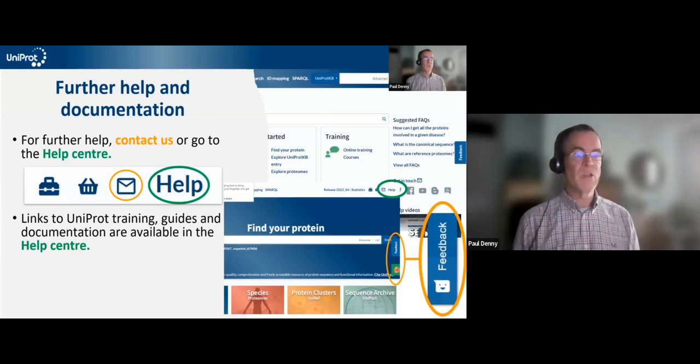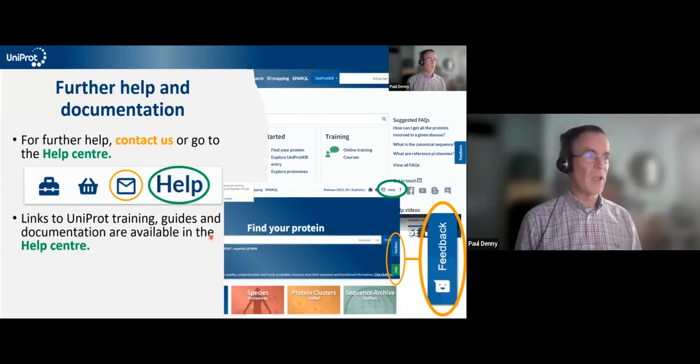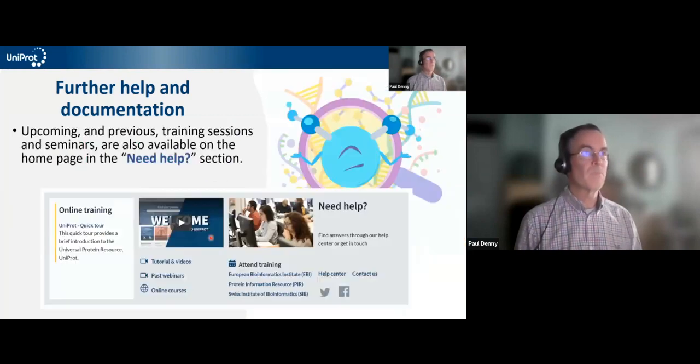And often this is context specific, so it'll know that you've been looking at a particular protein. And there's lots of other help information on other training and guides, which are stored in the Help Center on the website. And of course, the training section at EBI have more help and documentation on other resources.